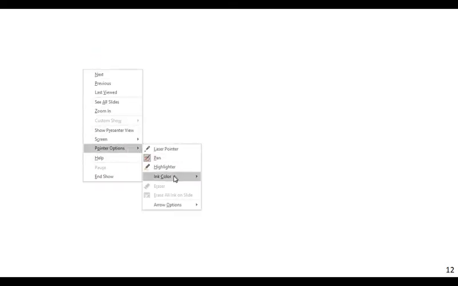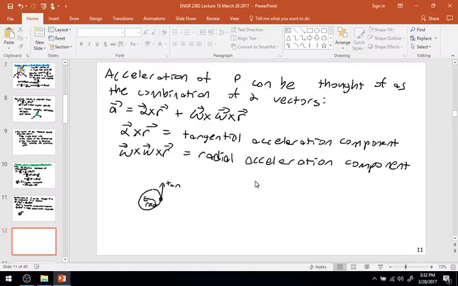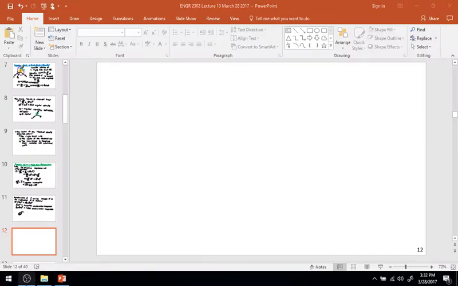Alright, so let us look at a representative slab or representative slice of a rotating rigid body. So this is a two-dimensional slice, essentially, of a rigid body.